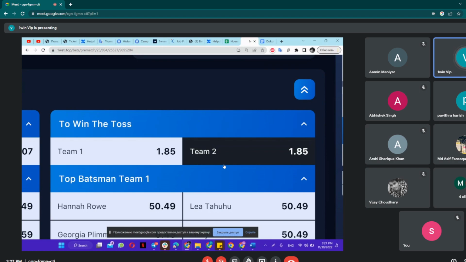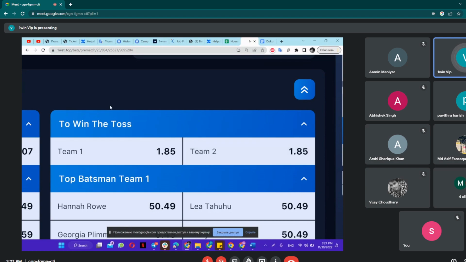In 99% of cases, either the first team or the second team will get the chance to start. So win the toss has a full range of betting.